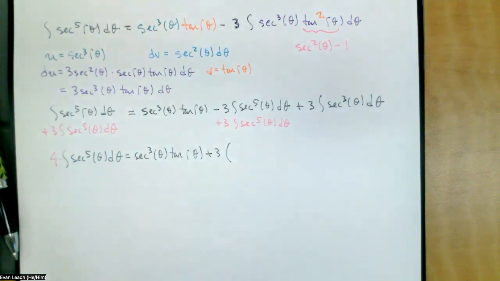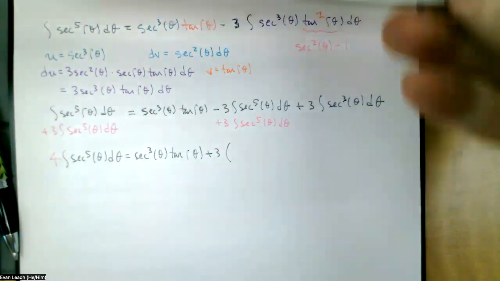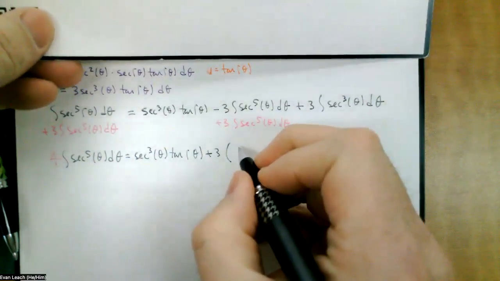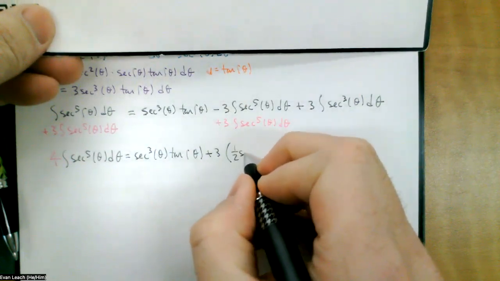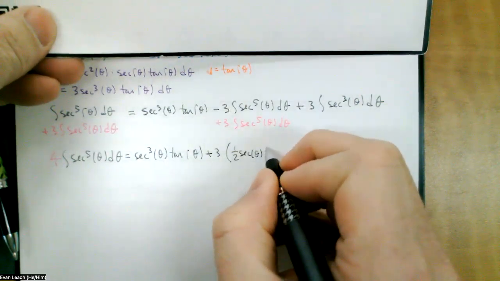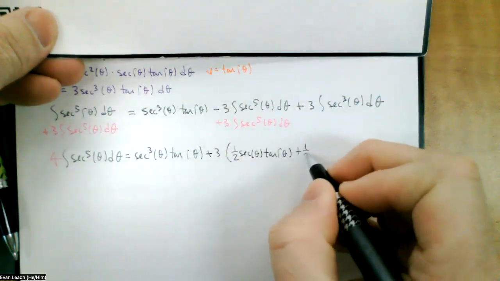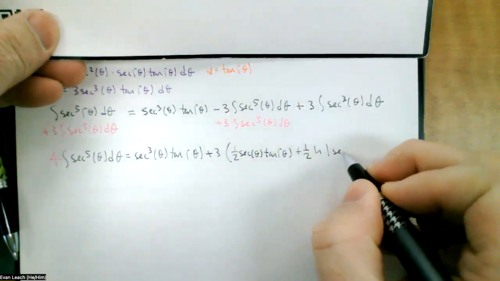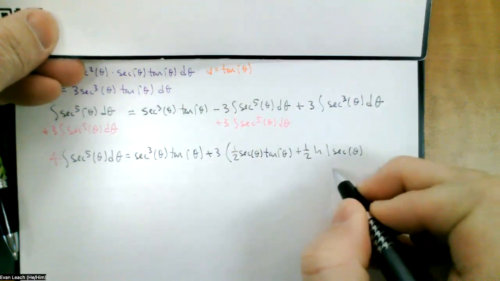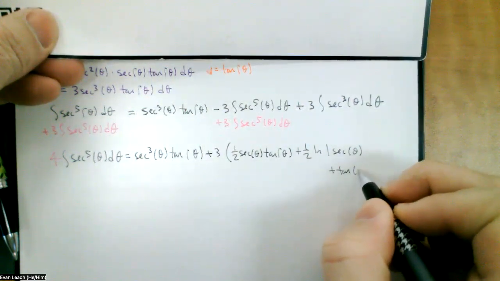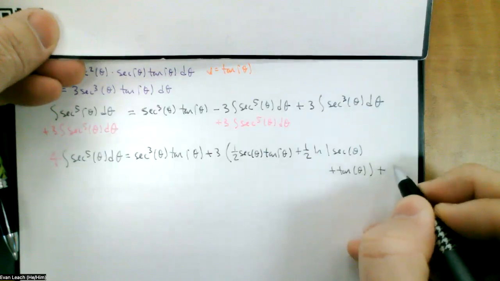So this is just us knowing the integral of secant cubed is a 1/2 secant theta tangent theta plus a 1/2 natural log absolute value of secant theta plus tangent theta plus c.